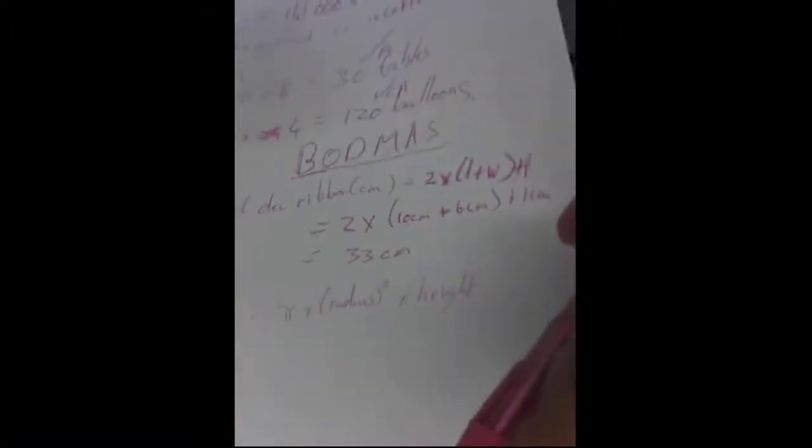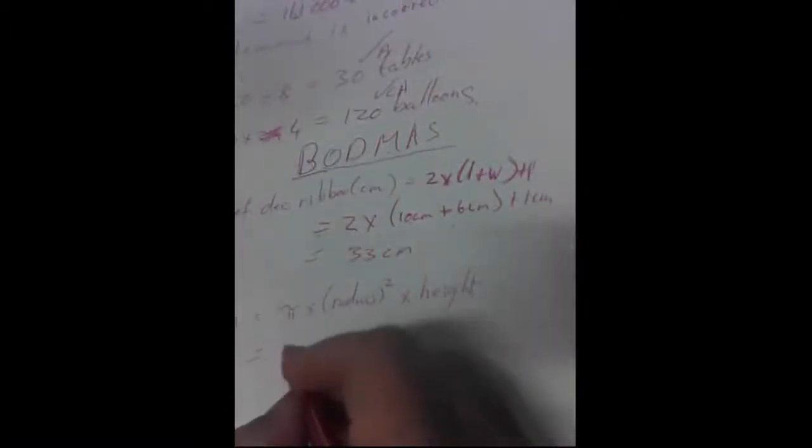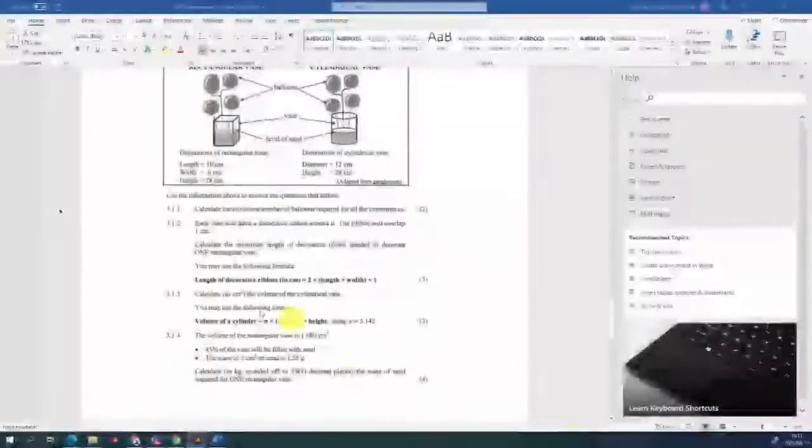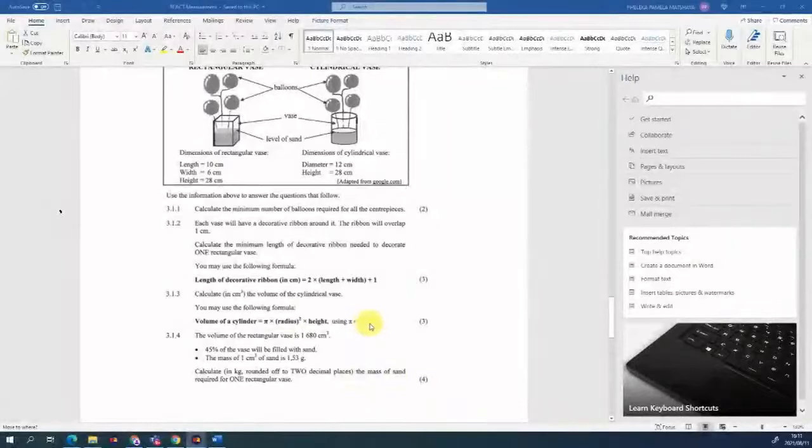Now you just have to say what is pi, and they give pi as 3,14. Can you see they give it? Don't use the pi in the calculator. Your answer will be wrong. Rather use the pi that they give. Always use the pi that they give.